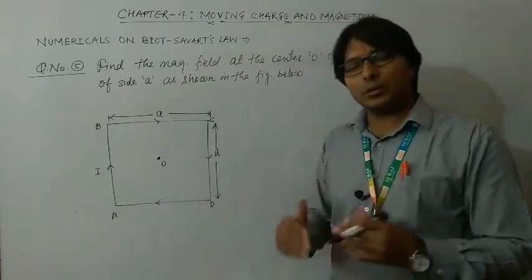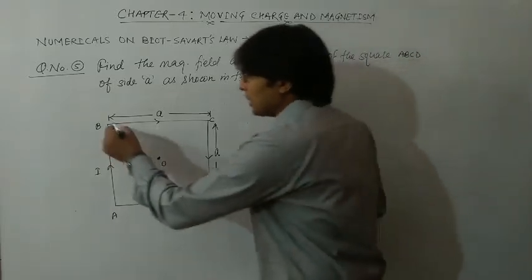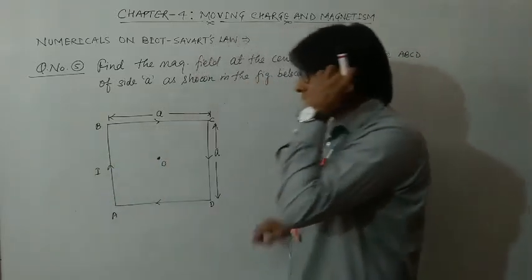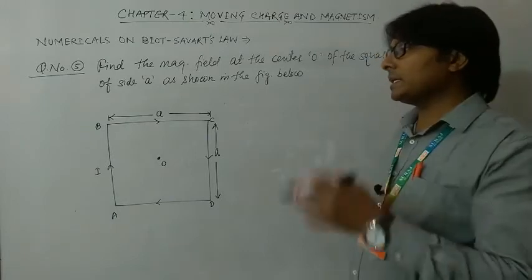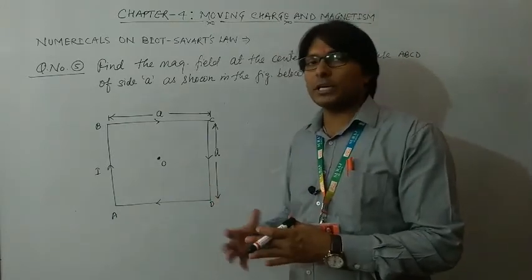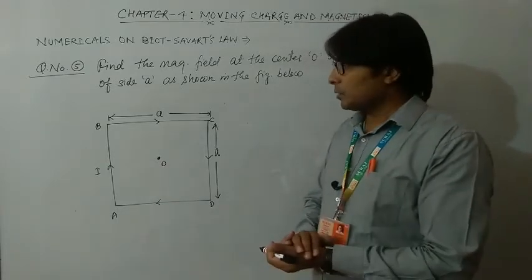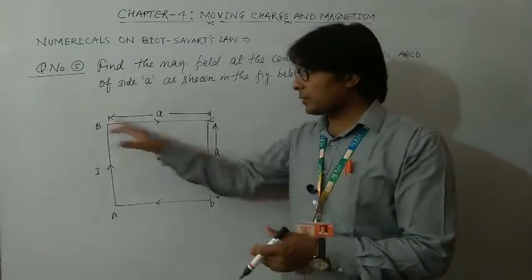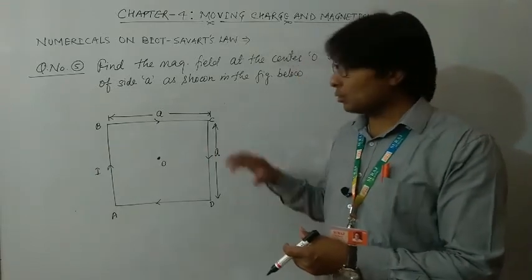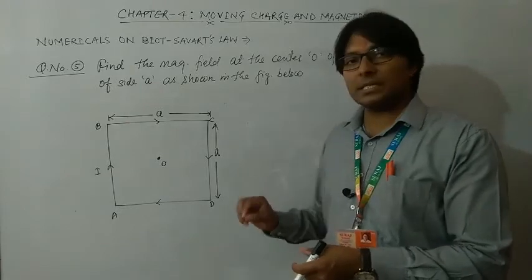So what we are going to do, we will find the value of magnetic field due to AB part, or one of the sides of this square, and thereafter we will multiply it by 4 to find the net magnetic field at point O. Because the direction of magnetic field due to all these sides of this square is the same.